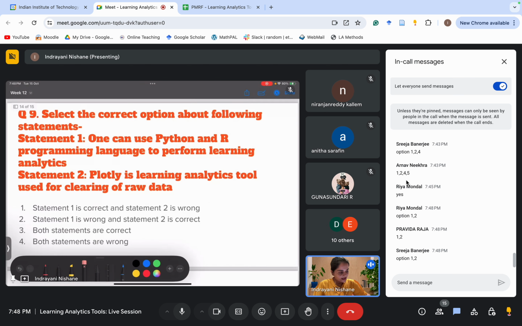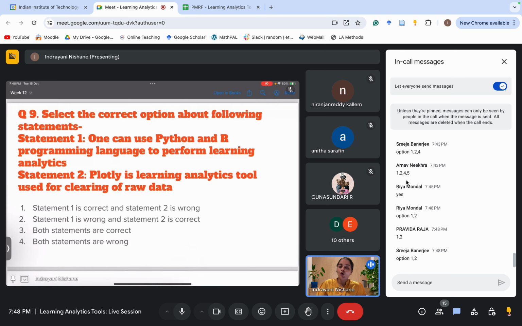Question 9 says select the correct option from the following statements. Statement 1 says you can use Python and R programming language to perform learning analytics. Statement 2 says Plotly is a learning analytics tool used for cleaning raw data.